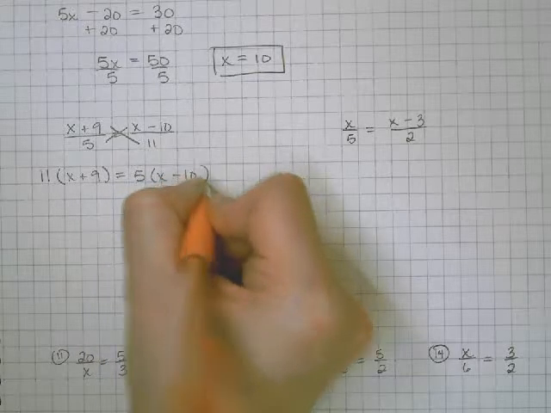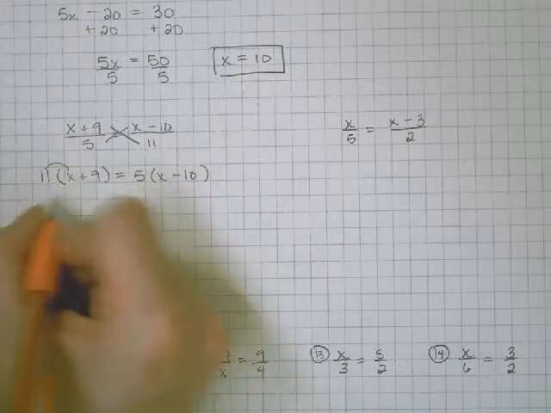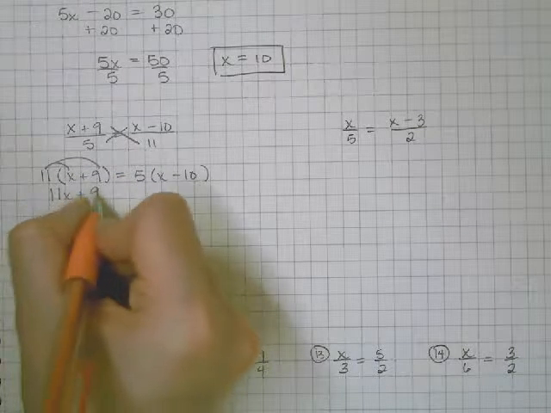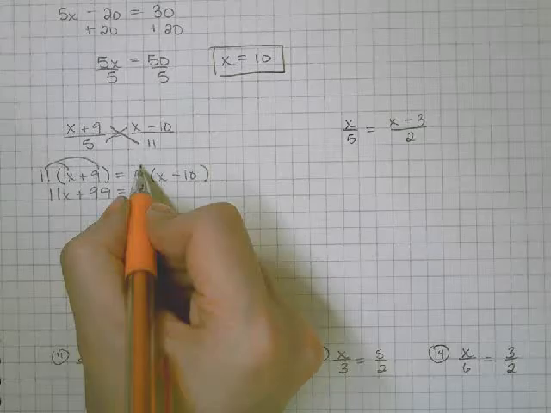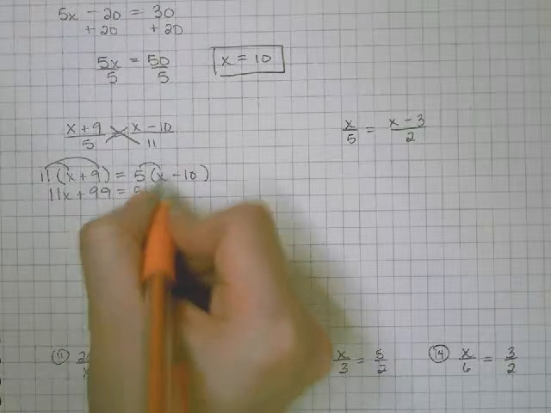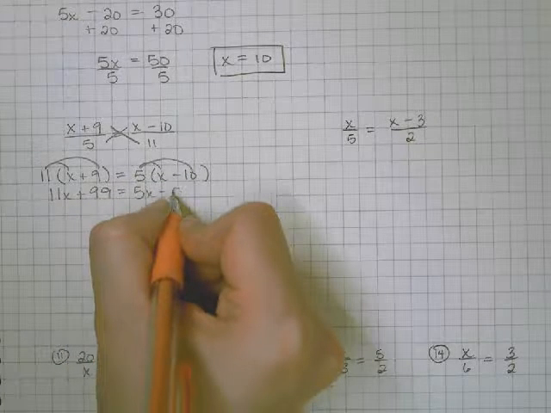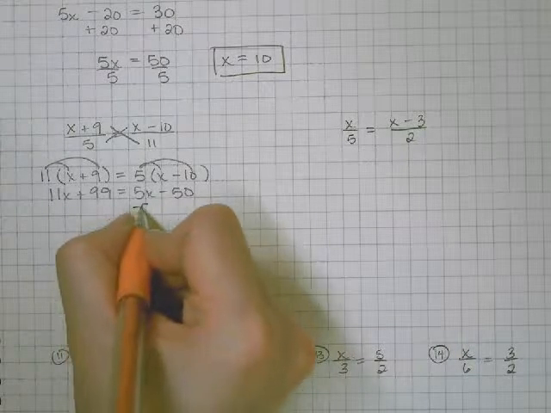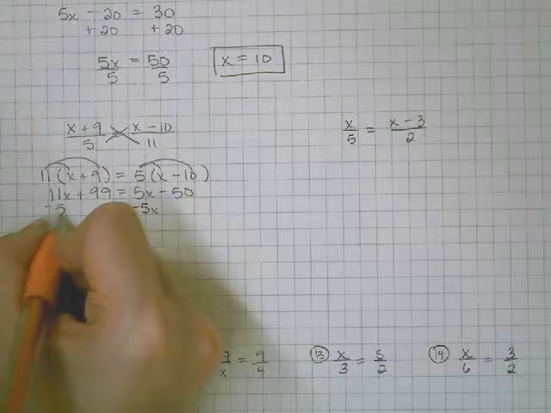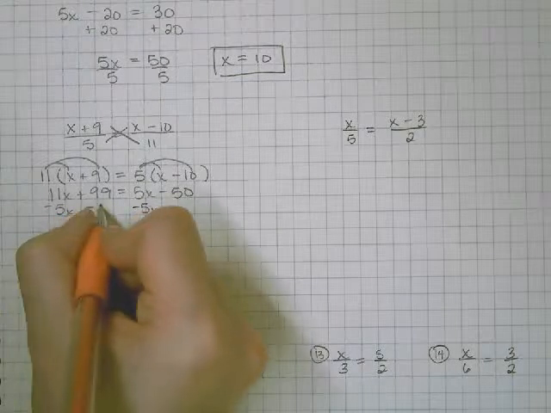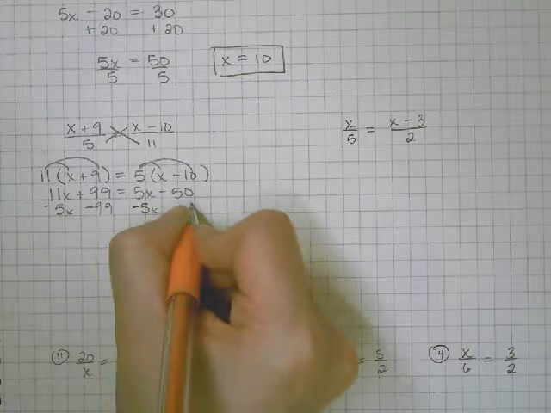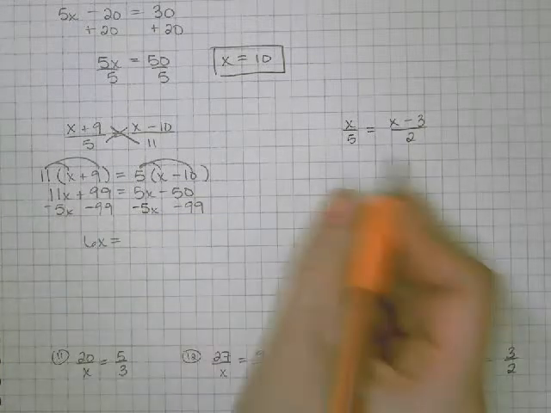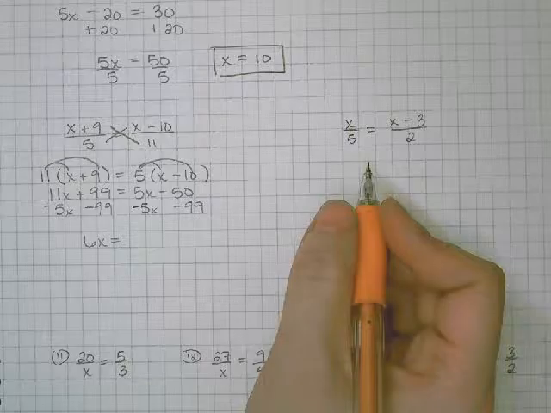We distribute: 11x plus 99 equals 5x minus 50. Subtract the smaller x from both sides, so minus 5x, and minus 99 to get it to the other side. I'm left with 6x equals negative 50 plus negative 99, which is negative 149.